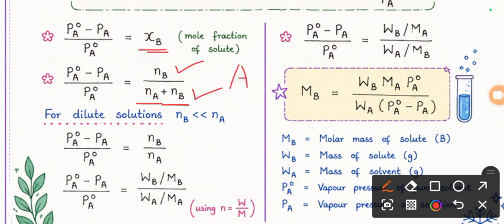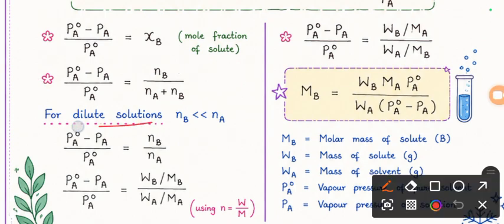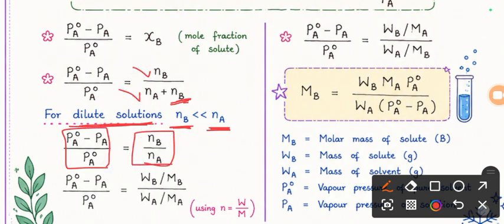For a dilute solution, the number of moles of solute is very small compared to the solvent, so in the denominator we can neglect it. So relative lowering of vapor pressure is equal to nB divided by nA.